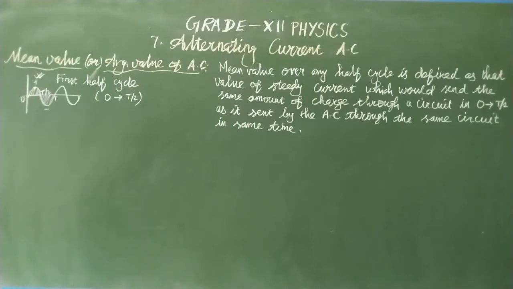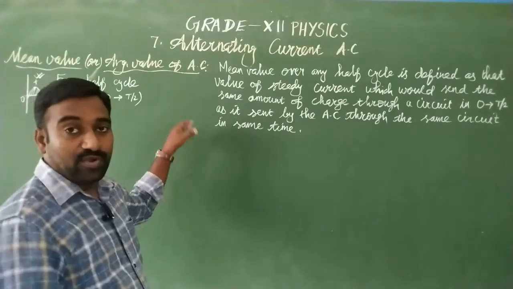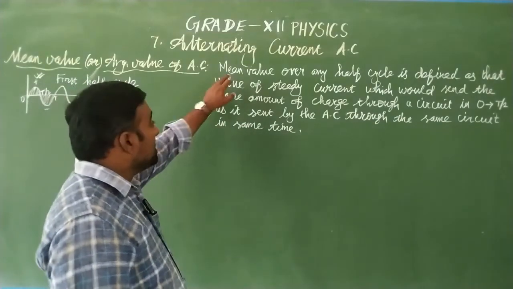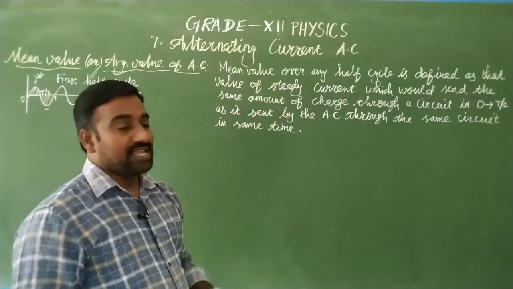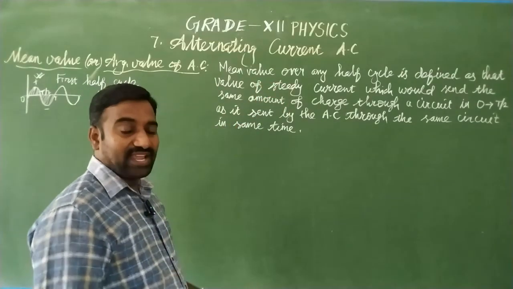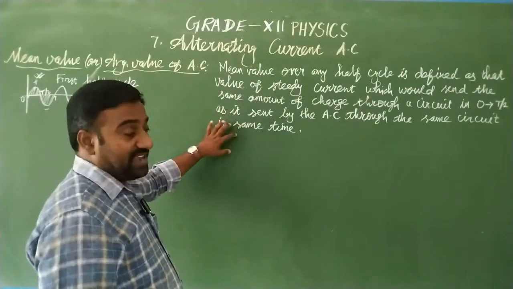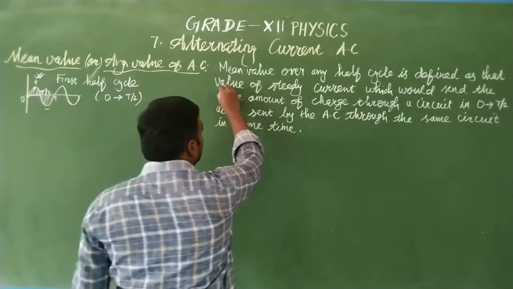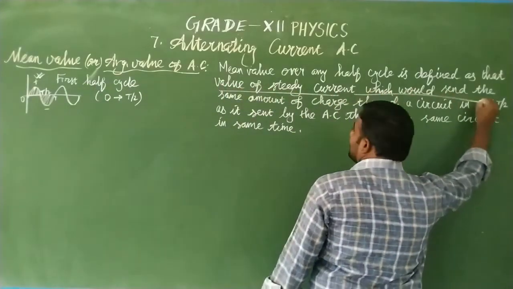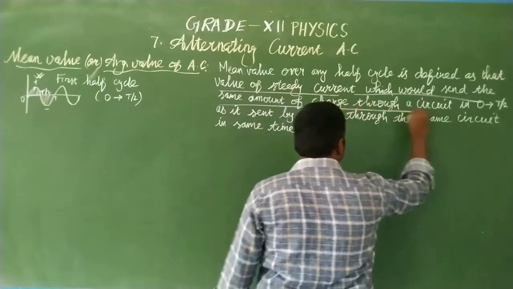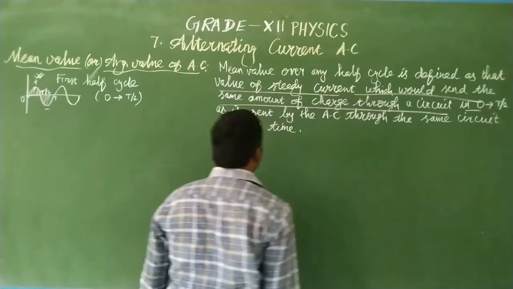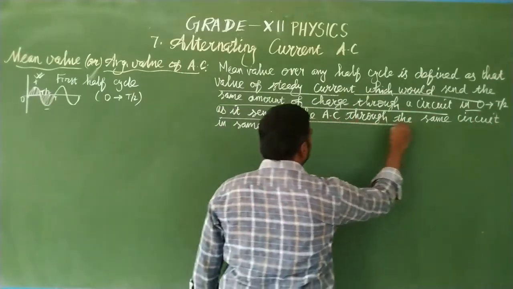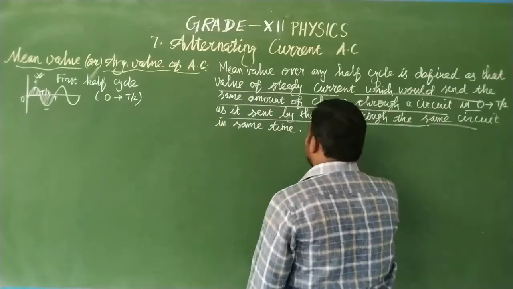So how can we define it? Look at the definition, then we are going to find the value. The mean value over any half cycle, it may be the first half cycle or second half cycle, is defined as the value of steady current which would send the same amount of charge through a circuit in the half cycle as is sent by AC through the same circuit in the same time.